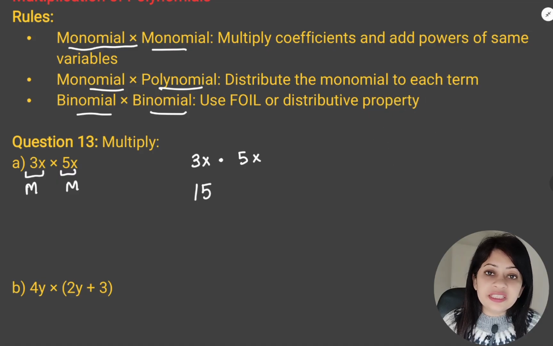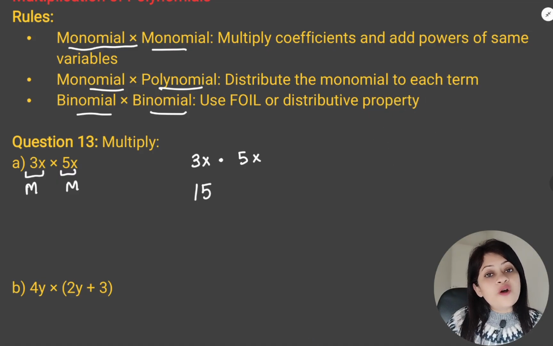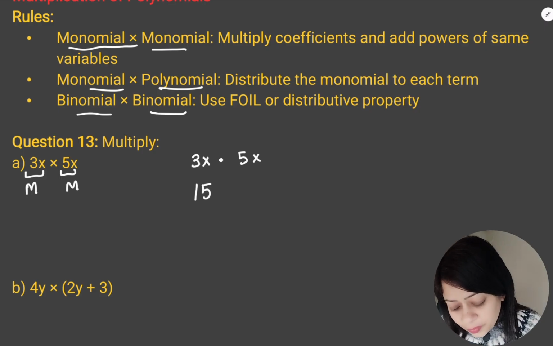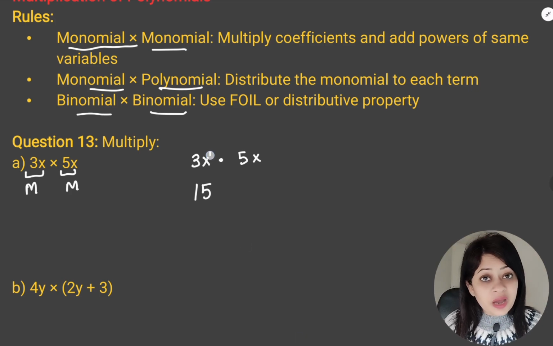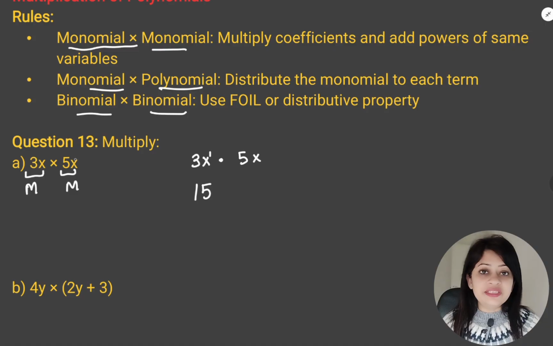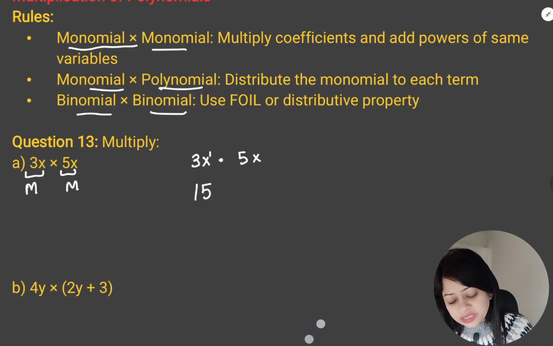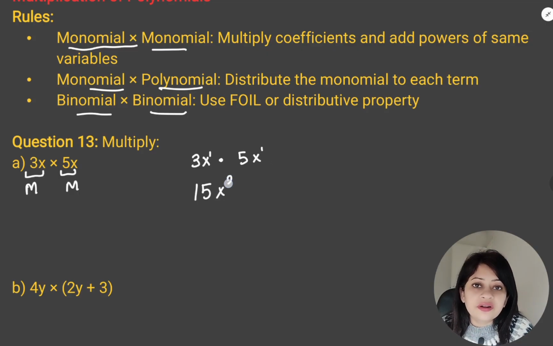In multiplication, you count how many x's you have. How many x are there? 1. Because x raised to power 1, we have only 1 x. If it was x raised to power 2, then I will say we have 2 x's. But here in both cases, x is 1, x is 1. So, x square. Okay. So, this is the answer.